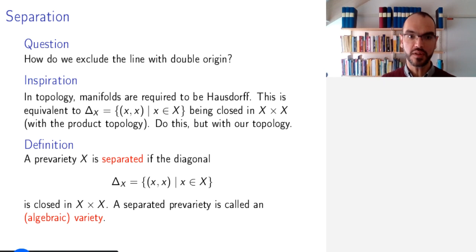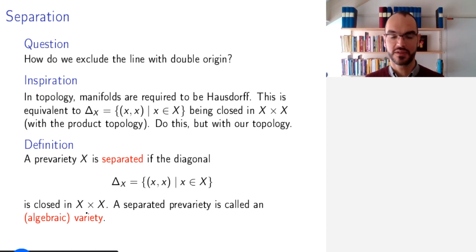So we call a pre-variety separated if it satisfies this property, namely that the diagonal is a closed subset of x times x, with x times x having the topology coming from the product construction that we just saw. And a separated pre-variety is called a variety.